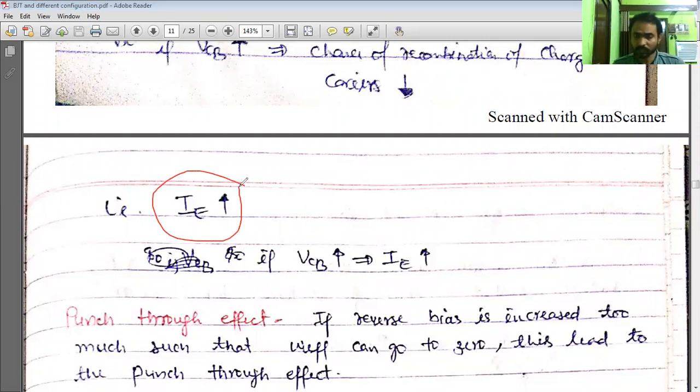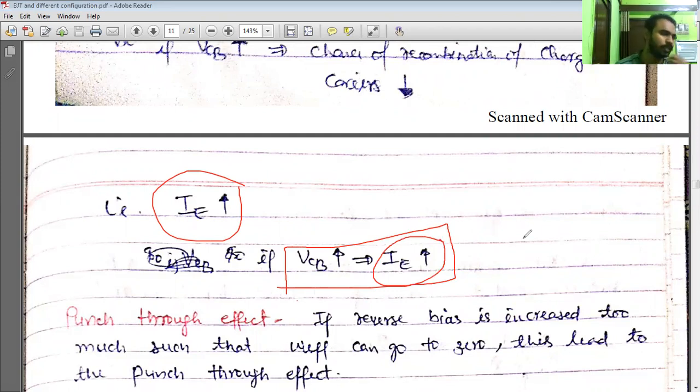So at the end, we have established that if we increase the VCB voltage, that is the reverse bias voltage, the emitter current will increase because the base current is decreasing. We can't say the base current is decreasing for any reason other than less recombination. So mostly the emitter current will increase.